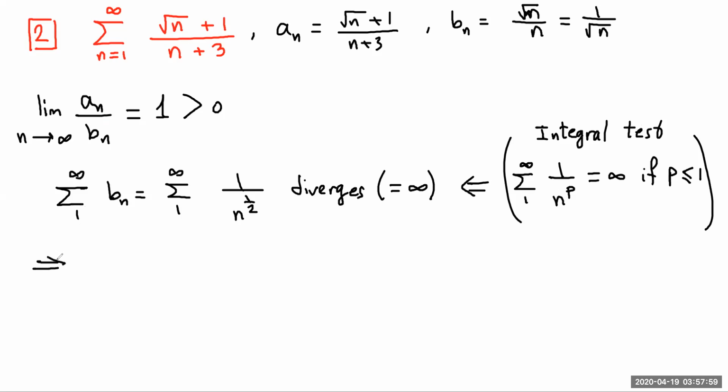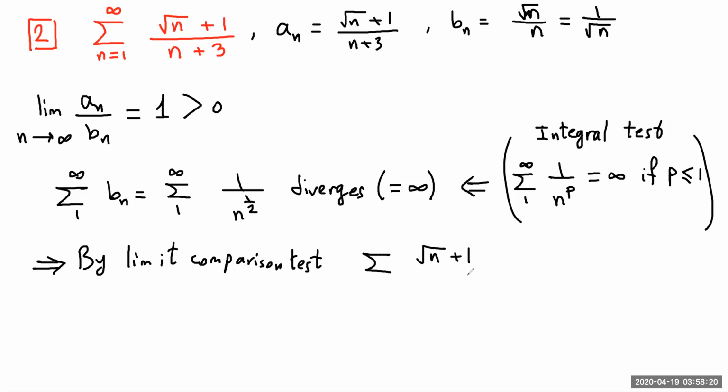And because the limit of an over bn is positive, by the limit comparison test, sigma an, which is root n plus 1 over n plus 3 from n equal 1 to infinity, diverges.